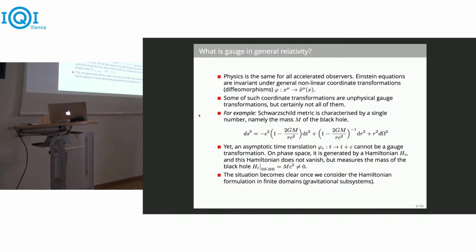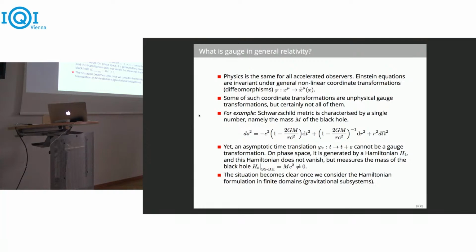Well, on phase space, we expect that such time transformations are generated by a Hamiltonian, by the Hamiltonian of the system. And the black hole space-time has a mass, so we expect that the value of the Hamiltonian evaluated on such a black hole space-time just gives the energy or the mass of the black hole.